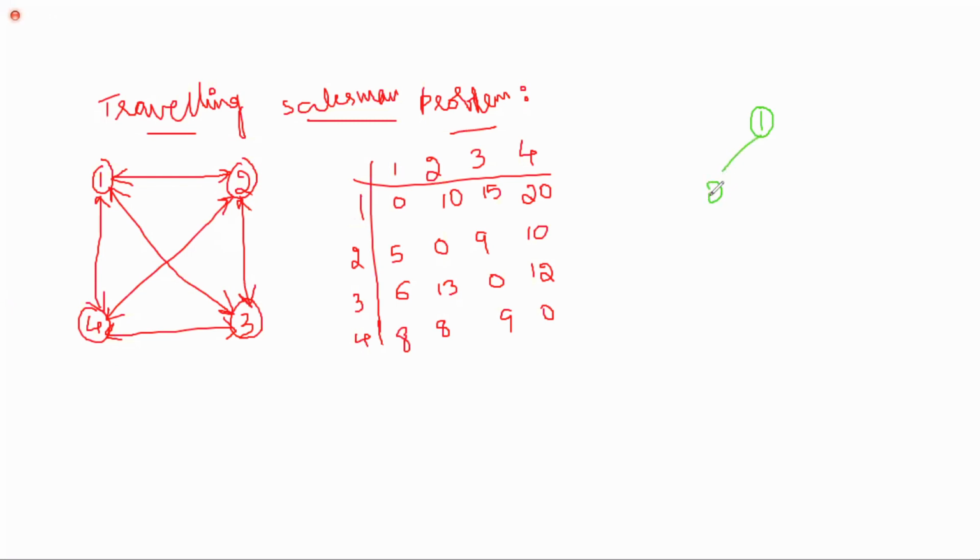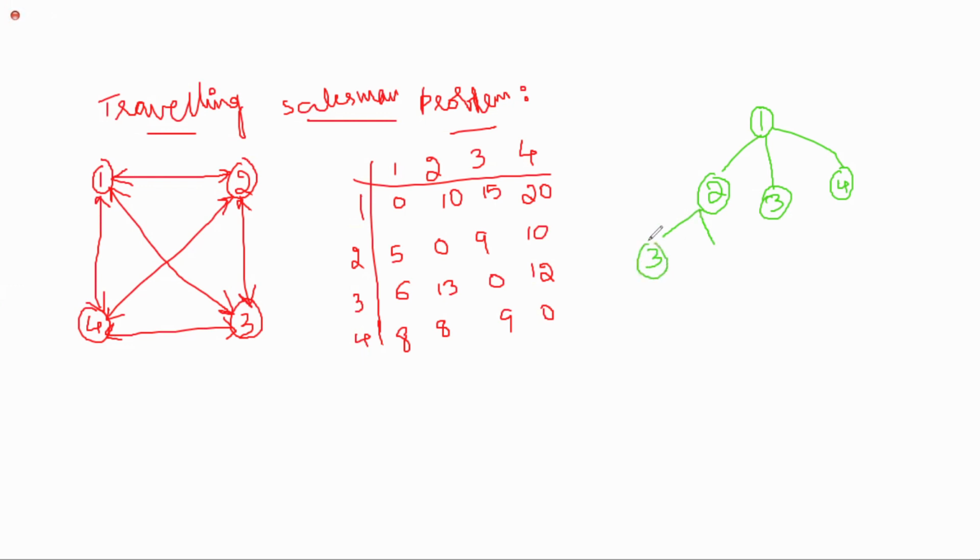So from 1 to 2 I can go, 1 to 3 I can go, next 1 to 4 also is possible. Now 1, 2 I have visited. What are the possibilities after 2?